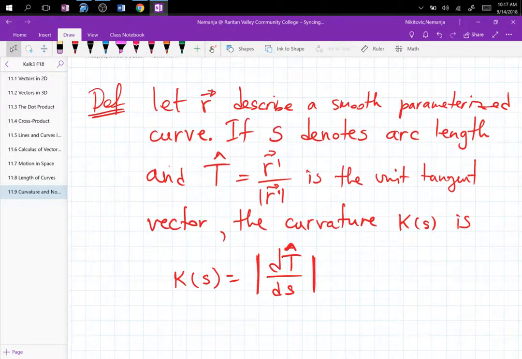This is the definition, and we are not going to calculate using this definition.